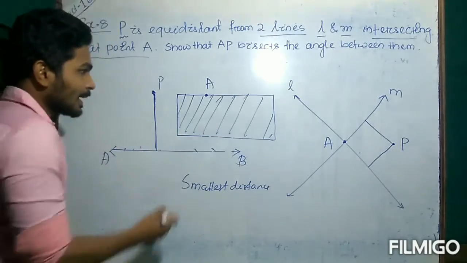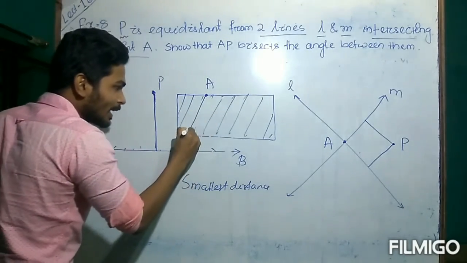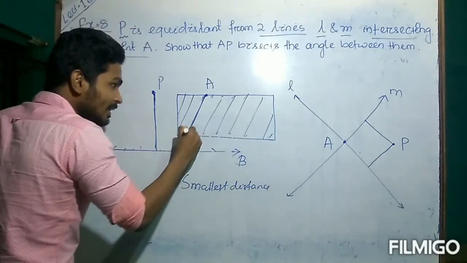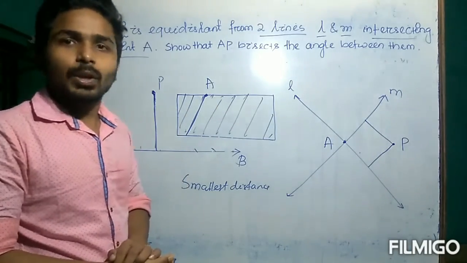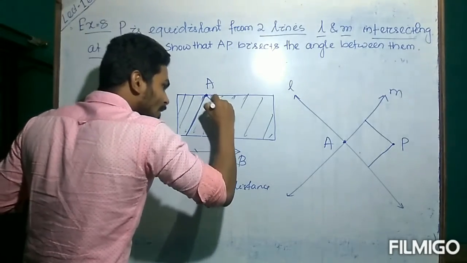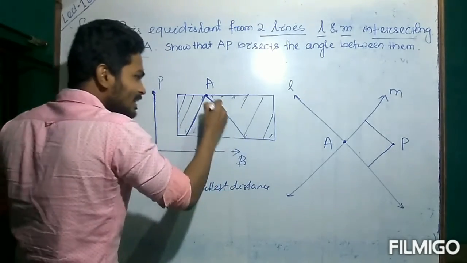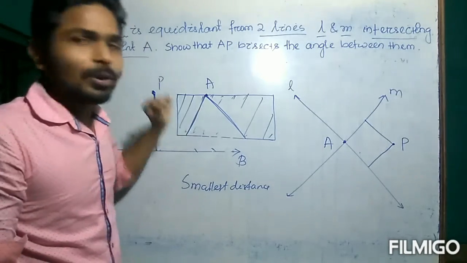Now tell me, if I join this point with this point, is this distance the actual depth? No, it is not the actual depth. Suppose someone joins this point with this point, is this distance the exact depth of this pool?